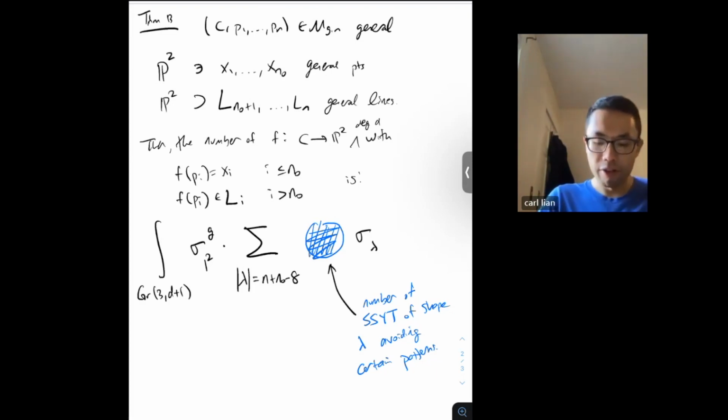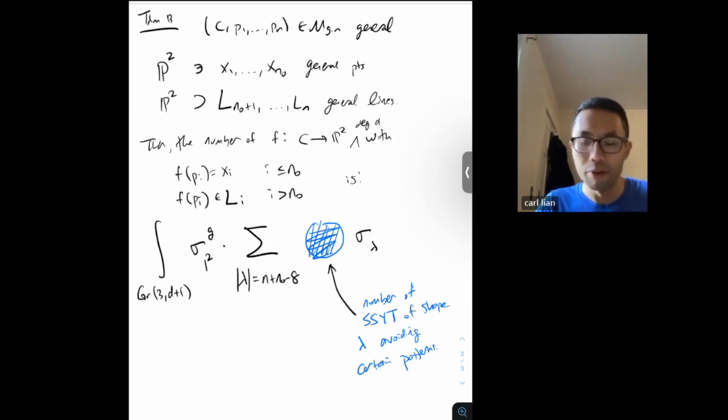And okay, so I've only stated this for P^2, and in fact, you can, of course, ask this question for any P^r, as I did for theorem A, where you require your points to map under this f to just linear spaces of arbitrary dimension. And in fact, there actually is a precise theorem that looks exactly like this, except that the formula will have some shape like this, where this blue coefficient in some precise way should count SSYTs of shape lambda avoiding certain patterns.